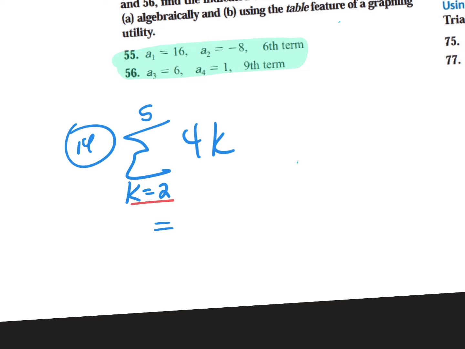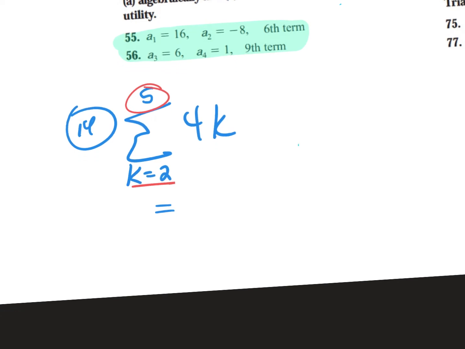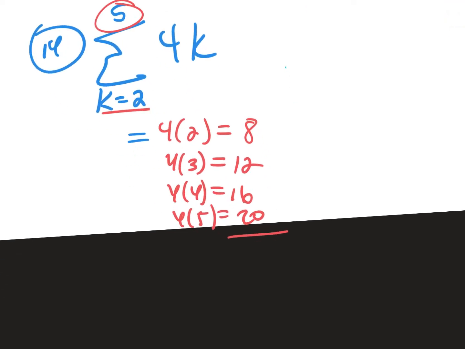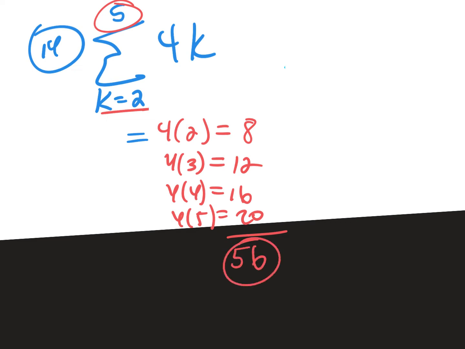I'm going to start with 2, and I'm going to end with what? 5. And sum means you do what? You add it. So you guys would say 4 times 2, 4 times 3, 4 times 4, and 4 times 5. 4 times 2 is 8, 12, 16, and 20, right? And then we add those up. What is that? 20, 40, 56? So the sum would be 56.